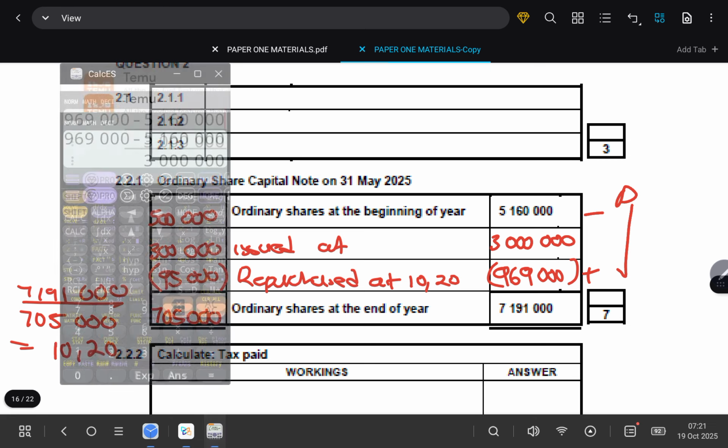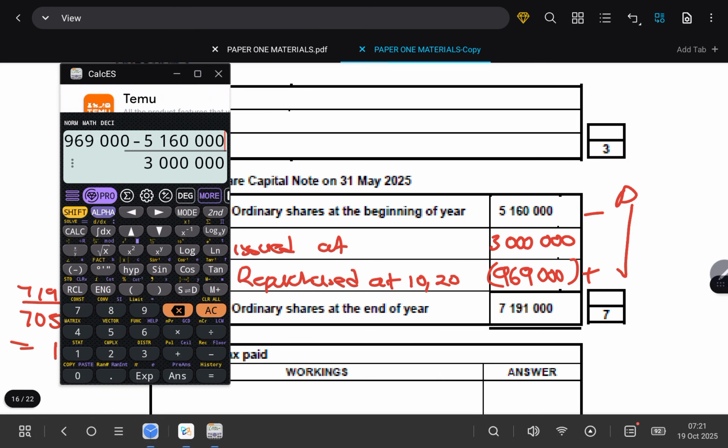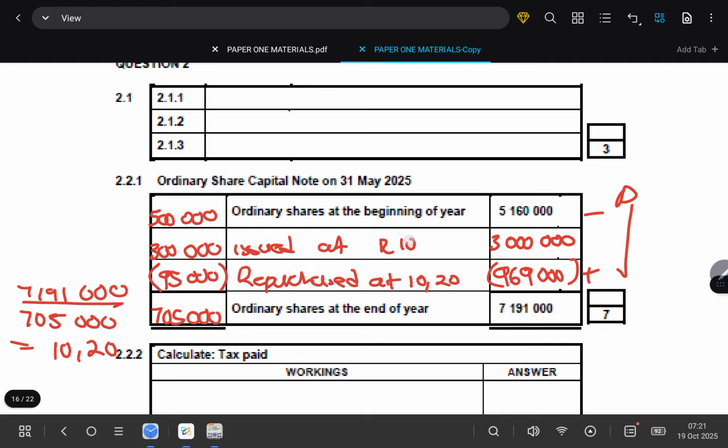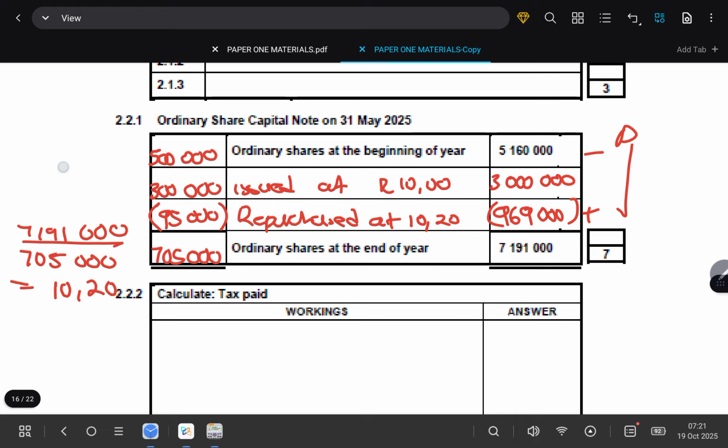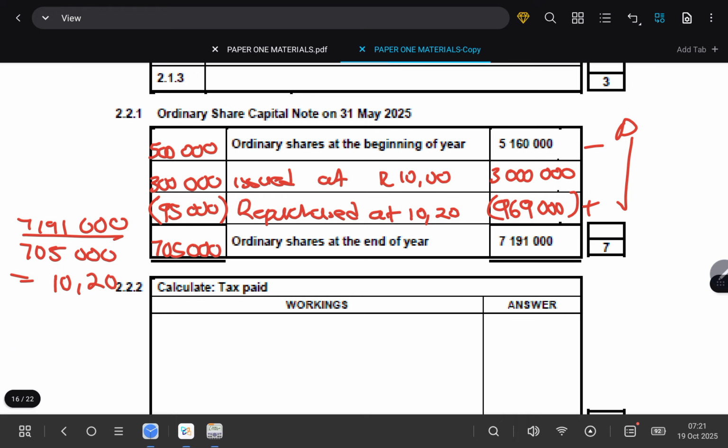Then maybe we want to know how much those shares were issued for. If you take that 3 million and divide it by 300,000 shares, the additional shares that were issued, they were issued at 10 rand. Now remember, where else are you going to use this information about the movement of shares?